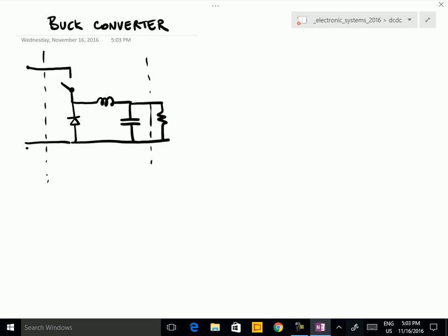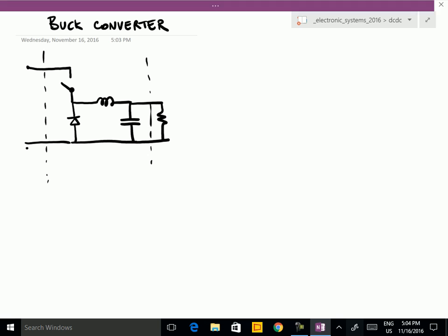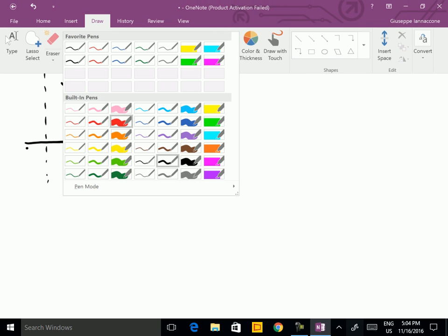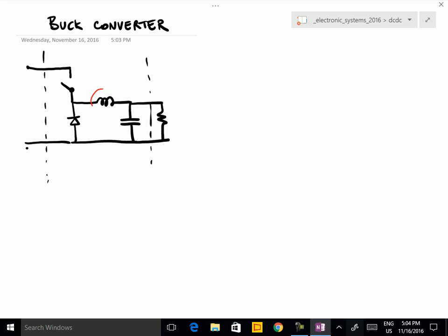This is the solution. Basically, we need to add an inductor, a capacitor, and a diode. Now the situation is simple to understand. This is a low-pass filter.